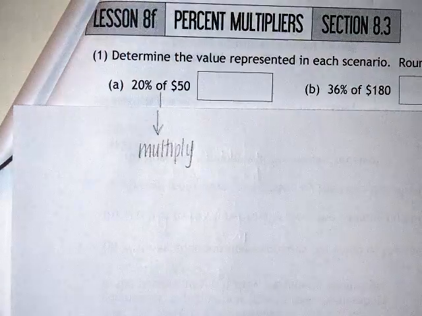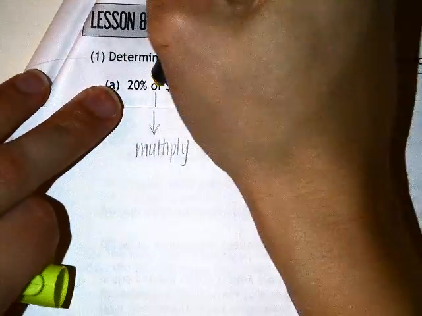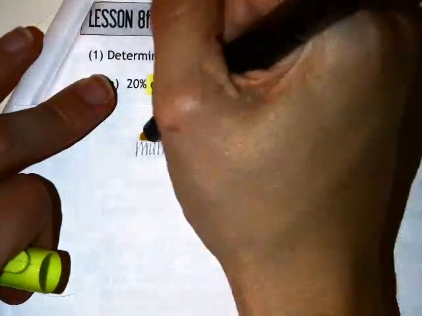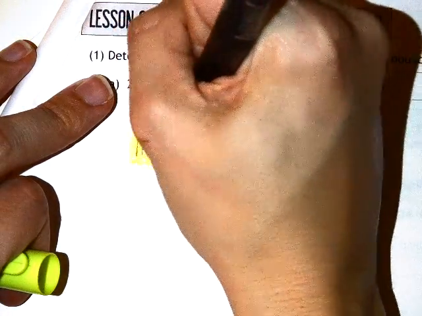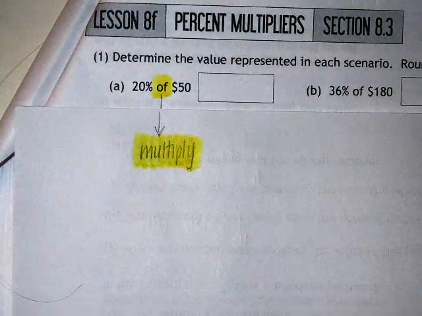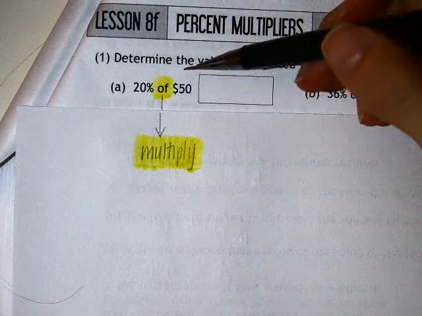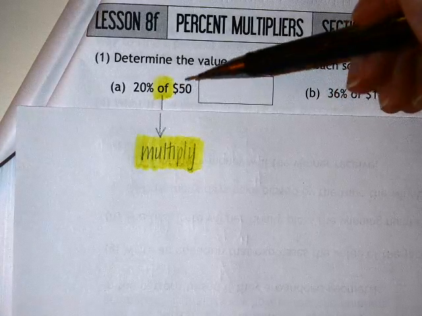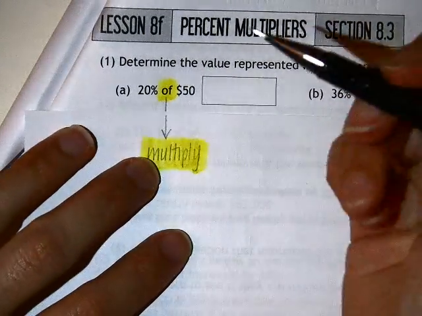So "of" always means multiply. That is universal. Anytime you see a math problem with the word "of," you can think of the word multiply instead. So when it says 20% of $50, that actually means 20% times $50.